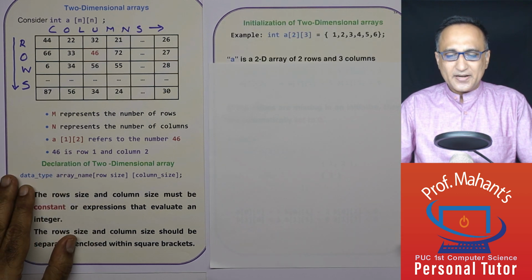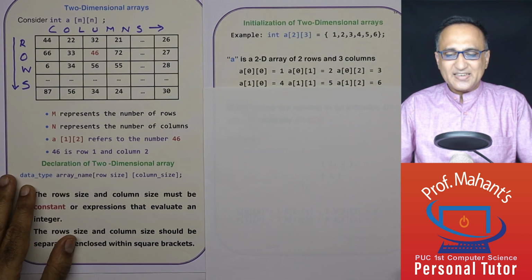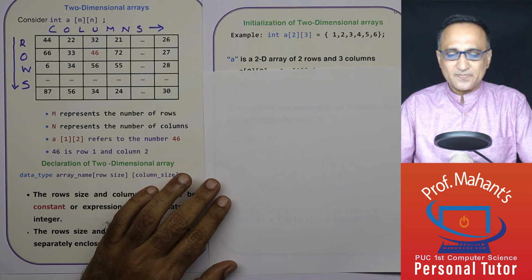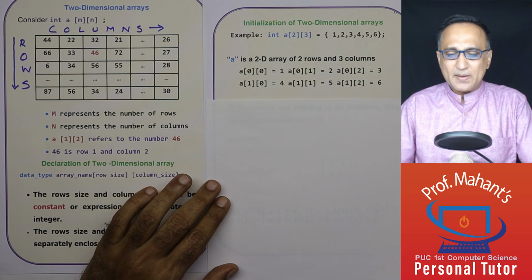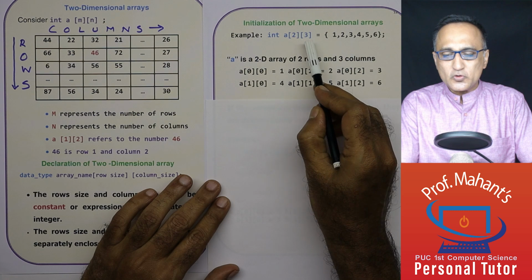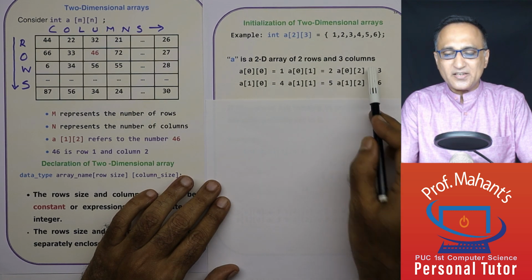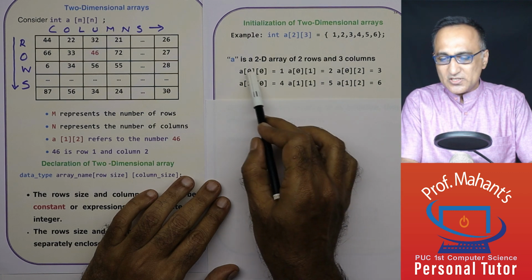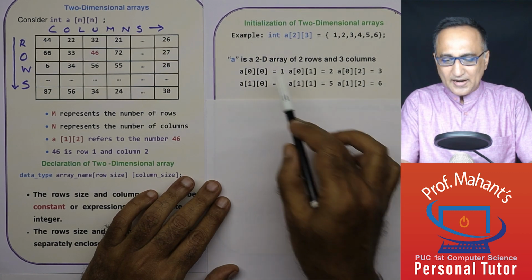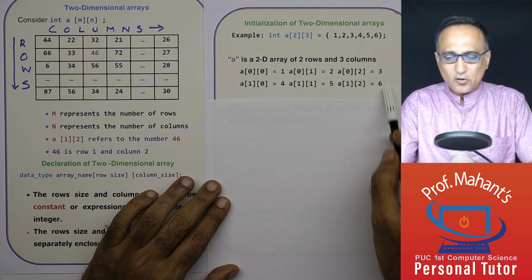Now let's take a look at how we can go about initializing the array of two dimensions. So if I'm initializing a two-dimensional array with 2 rows and 3 columns, this is how the 2D array with 2 rows and 3 columns will look. So this is 2 rows and here I am showing you 3 columns.